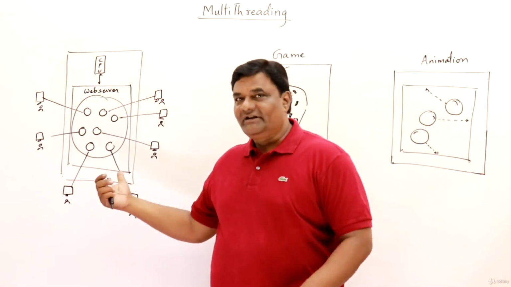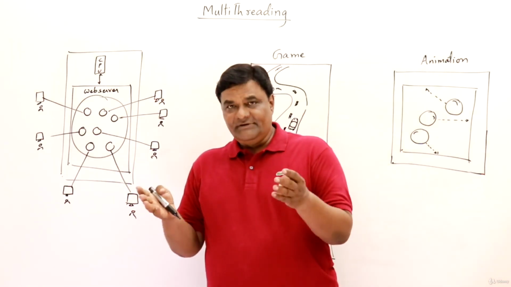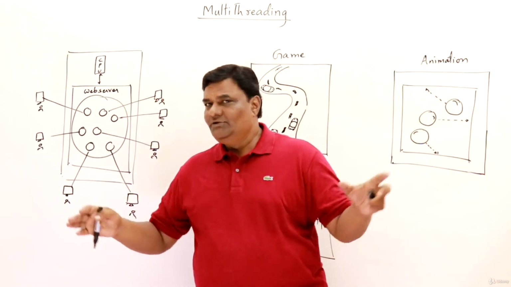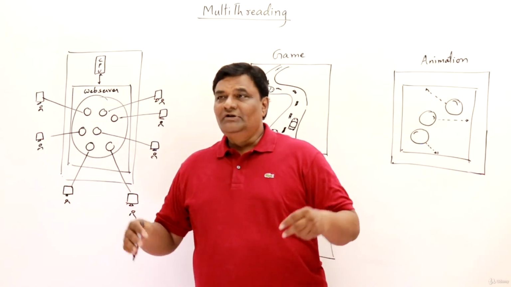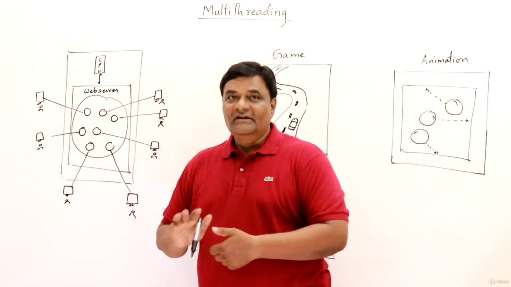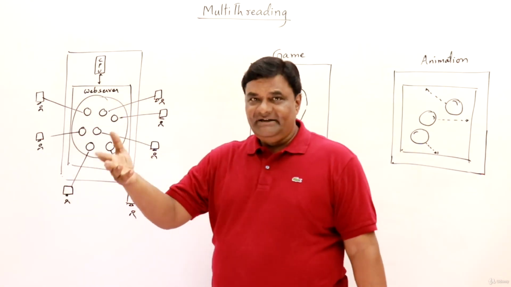Then I have one more example here. We access websites, and we know that one website may be used simultaneously by many users across the world. A lot of users are interacting with the website, so it is getting a lot of hits. On websites, there will be something called a web server or web application.